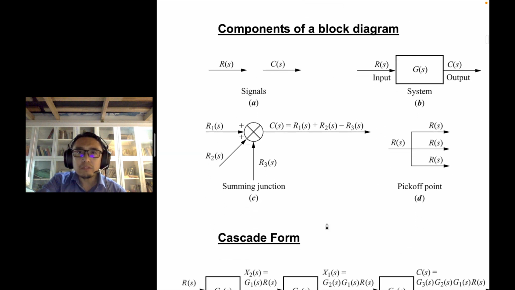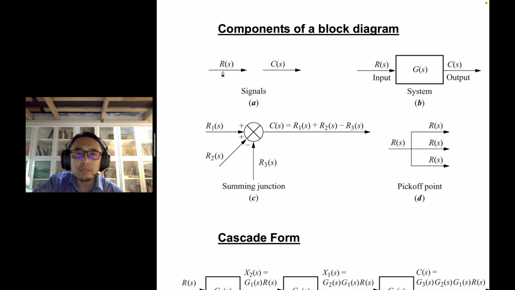First of all, let's look at the different components of a block diagram again. As before, we represent signals using arrows, and we use alphabets to represent different signals.